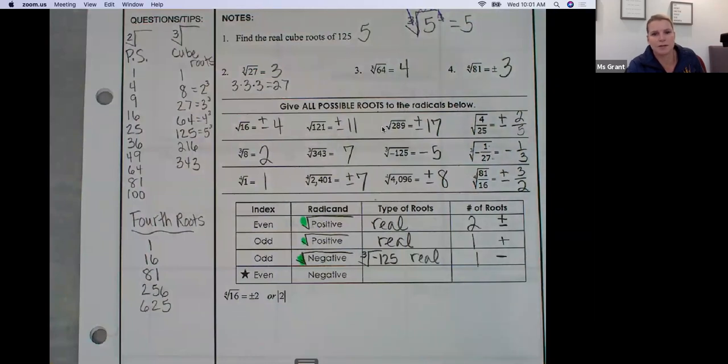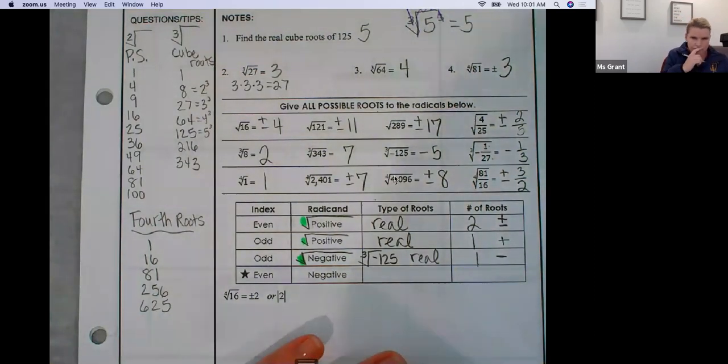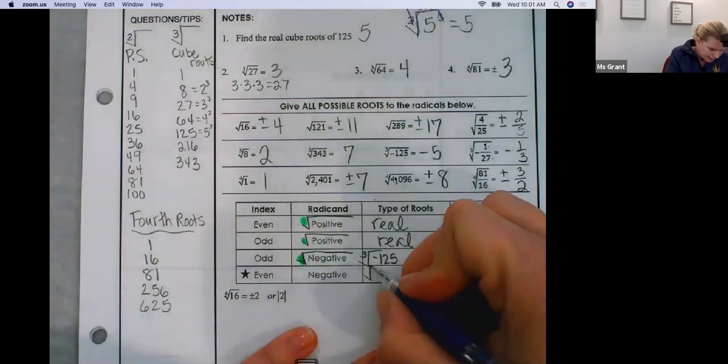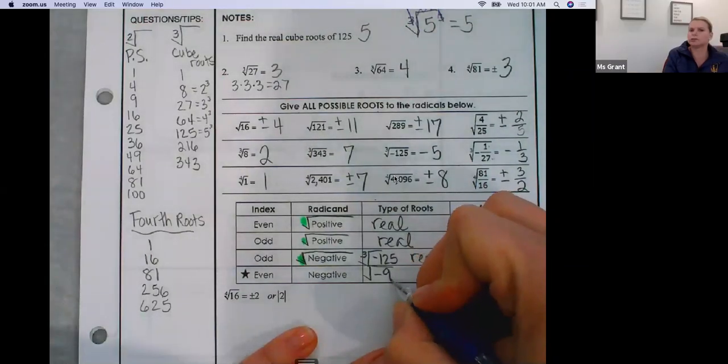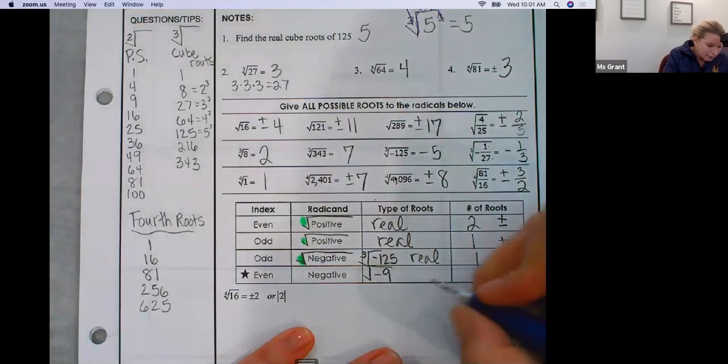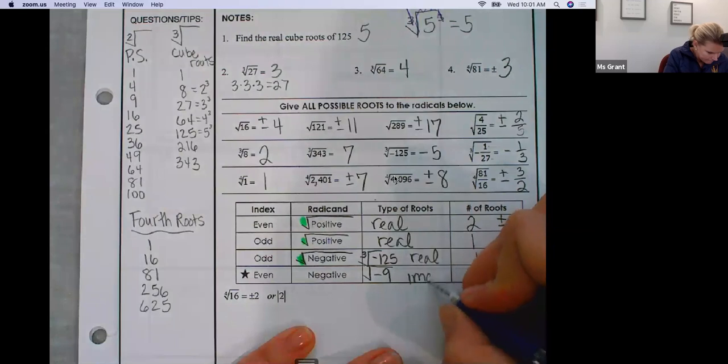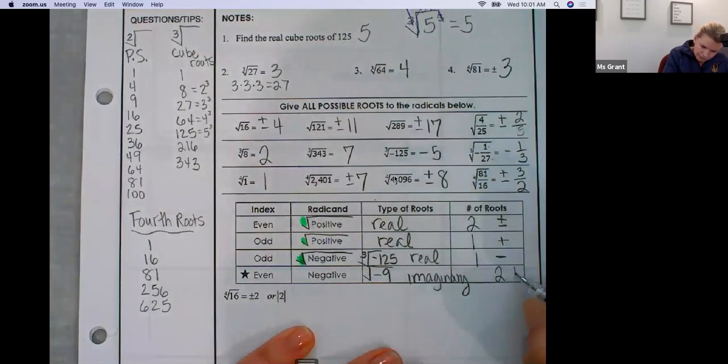Vinay, you helped a few times, so you're good. Okay. If I have an even root, like a square root of like negative 9, that would involve my i. Remember my i, my imaginary number? I have 2, and it'd be a plus or a minus.